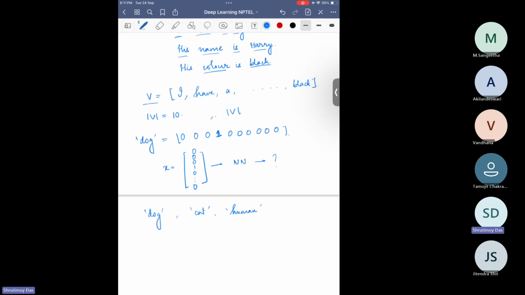In the ideal sense, what do you want? You want the characteristics of dog and cat to be similar, right? They have four legs, they have a tail, and so on.